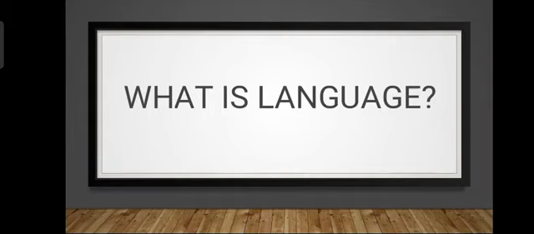The term language has been defined variably by different scholars. However, there are some common concepts that most of them do agree constitute any reliable definition of language. Here I will be giving you some definitions of different writers about language.